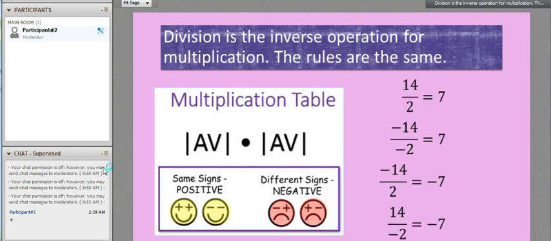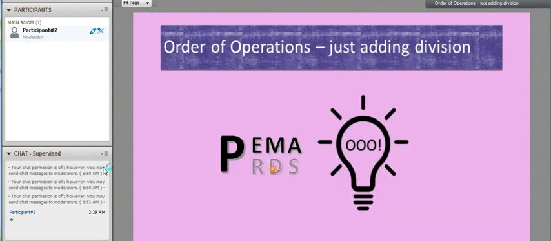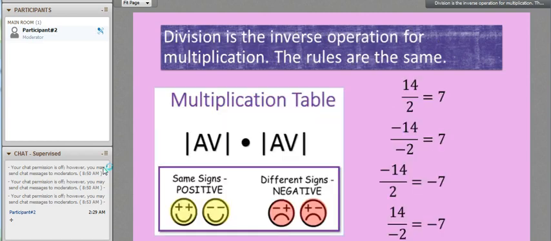The inverse operation of multiplication. And the rules are going to be exactly the same. As far as the signs go, it's the exact same thing. Just like we multiply the absolute values, and then if it's the same sign, it's positive. If it's a different sign, it's negative. Same thing with division.